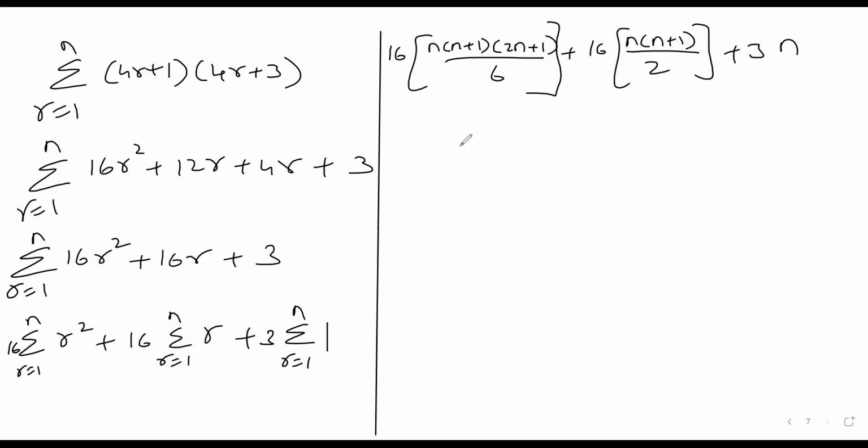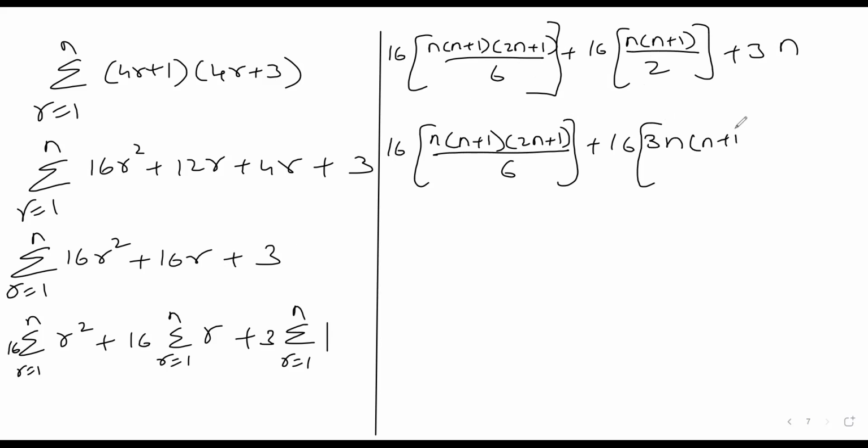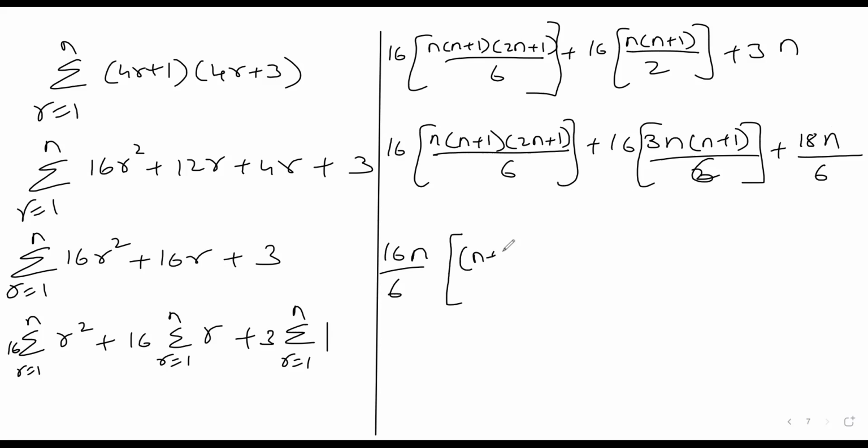So we can equalize the denominator here. So it will be 16 n plus 1, 2n plus 1 by 6, plus 16 into 3n, n plus 1 by 2 by 6, plus 18n upon 6. So it is 16 by 6. We can also take n common here. So it will be n plus 1, 2n.